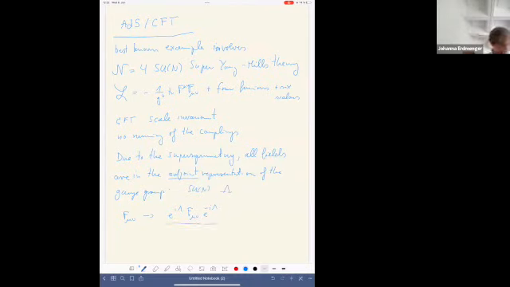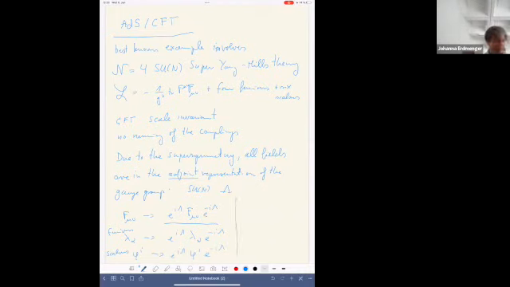Now the supersymmetry means that the fermions and the scalars have to transform in exactly the same way. So all of the fields have to transform in this way.